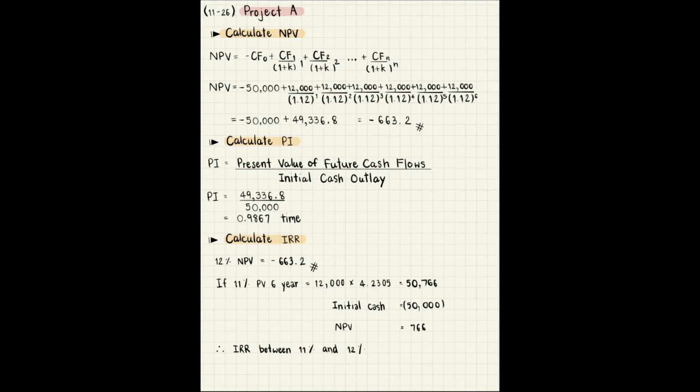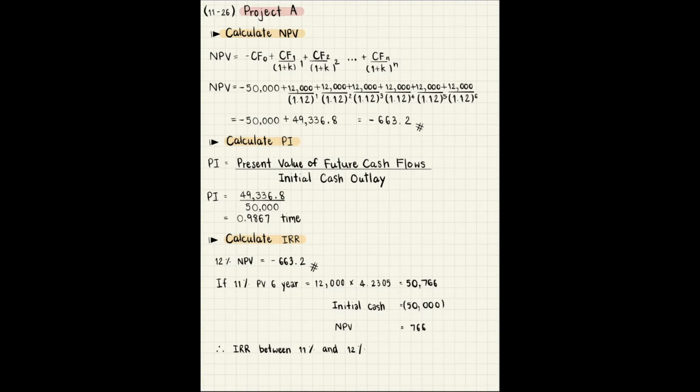So the answer of NPV is minus 663.2. So let's move to calculate the profitability index, and the formula is present value of future cash flows divided by initial cash outlay, which is 49,336.8 divided by 50,000, equal to 0.9867 times.